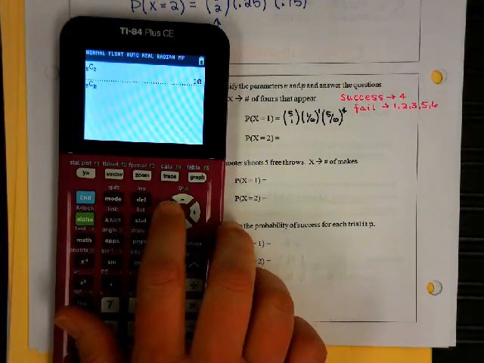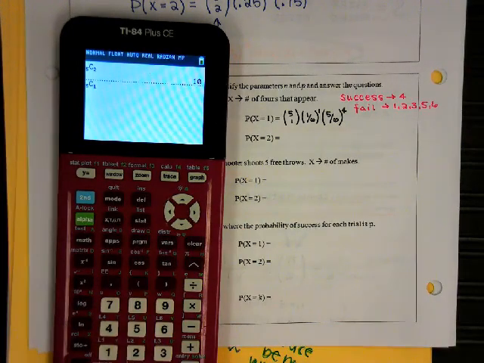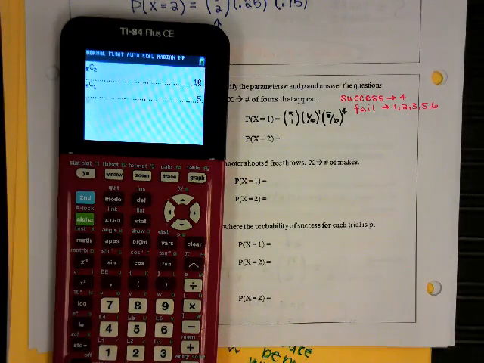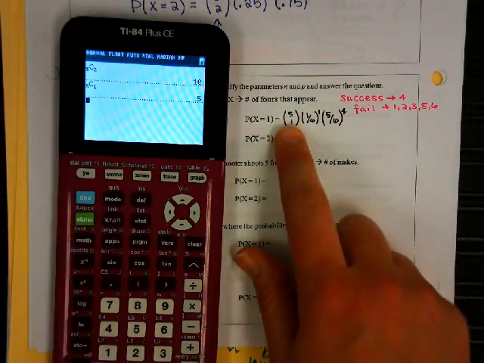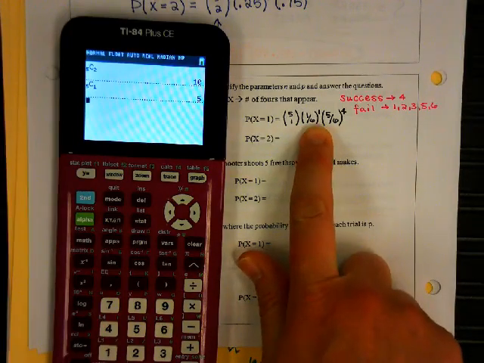So there are 5 combinations of rolling a die 5 times and getting a 4 once. Then I'm going to take that and multiply by 1/6 to the first and 5/6 to the fourth. So I have 5 times 1/6 to the first, which means I don't actually have to put the exponent, times 5/6 to the fourth.